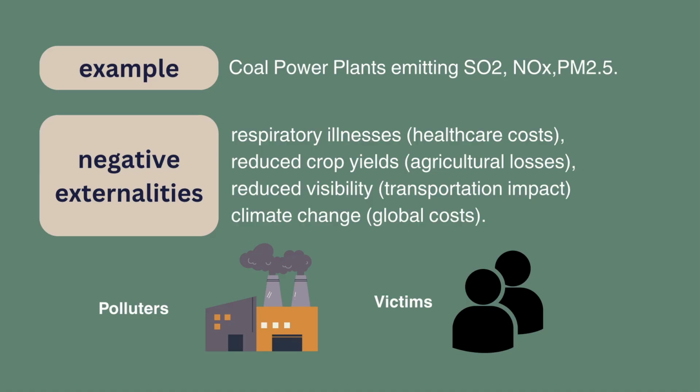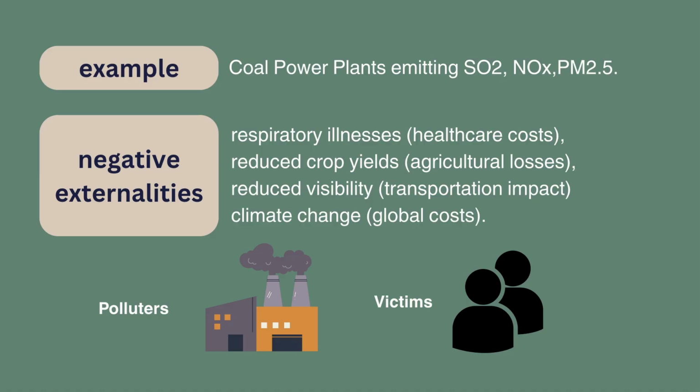First, they cause respiratory illnesses, which increase health costs. Second, they reduce crop yield, creating agricultural losses. Third, they reduce visibility, which affects transportation safety. And fourth, they contribute to climate change, creating long-term global costs.